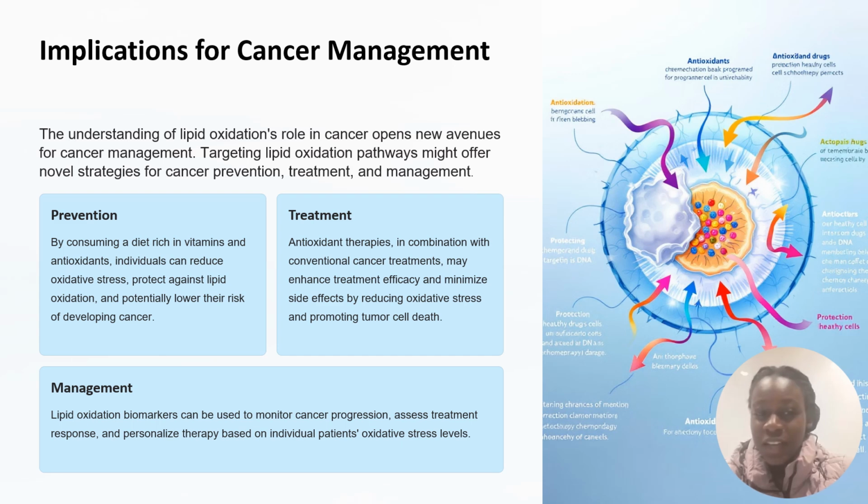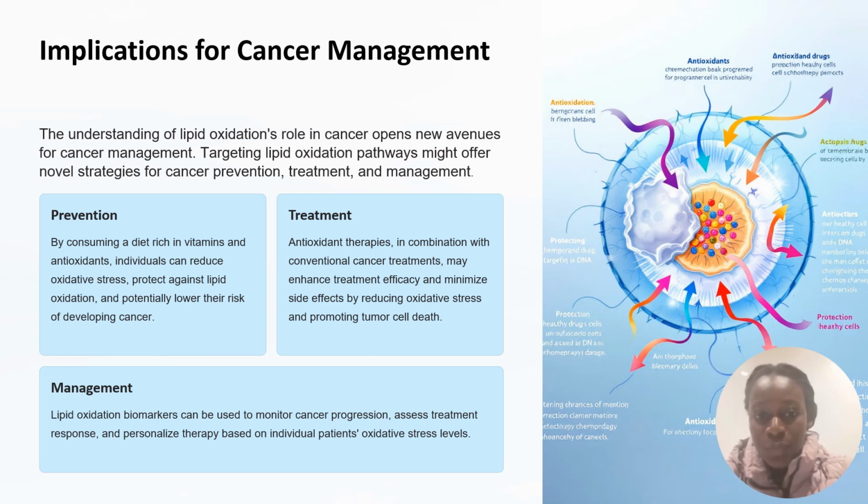So eating a diet rich in vitamins, we talked about vitamin A, E, and selenium, can protect against lipid oxidation and lower the risk of developing cancer. I hope we can remember that and appreciate the things we discussed earlier.